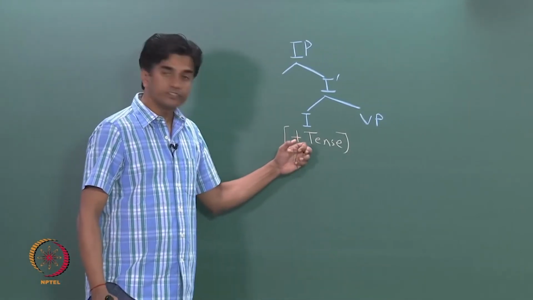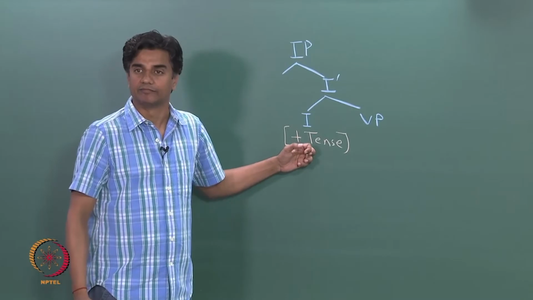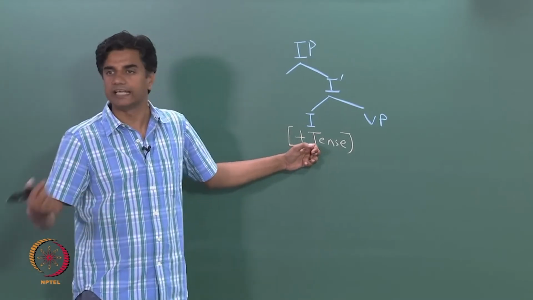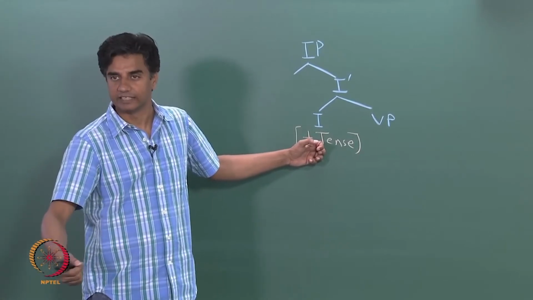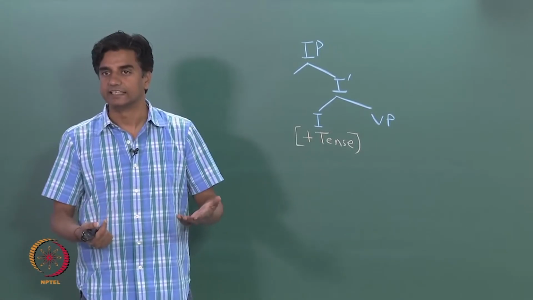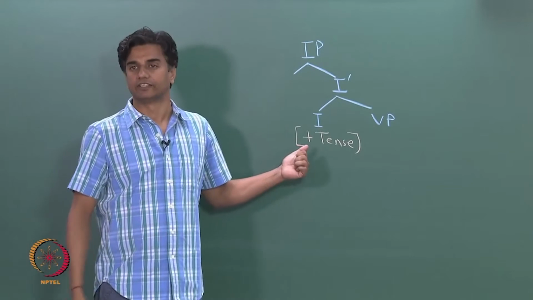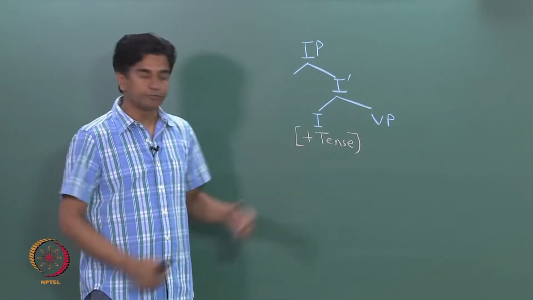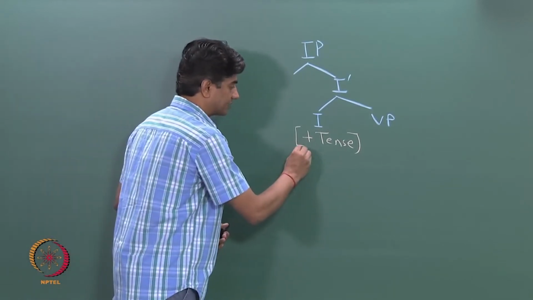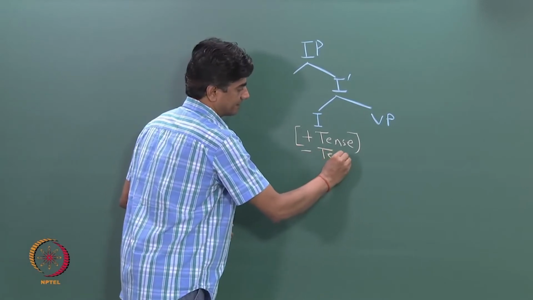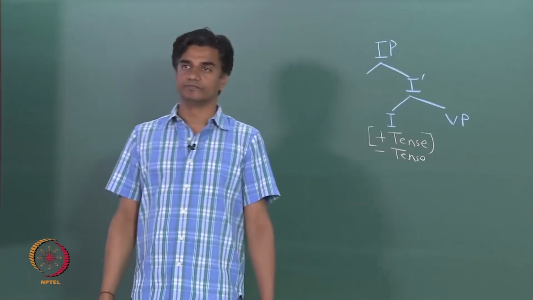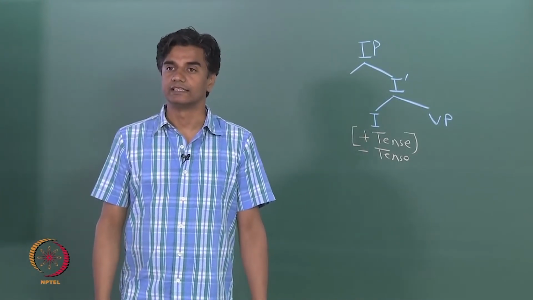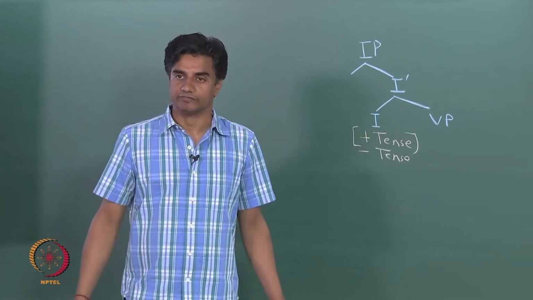So as long as you have any tense coming up here, present, past, future, anything, then we say the sentence is plus tense. That is, the sentence has tense. Then the whole clause is a finite clause. If this has no tense, that is minus tense, then the sentence is non-finite.